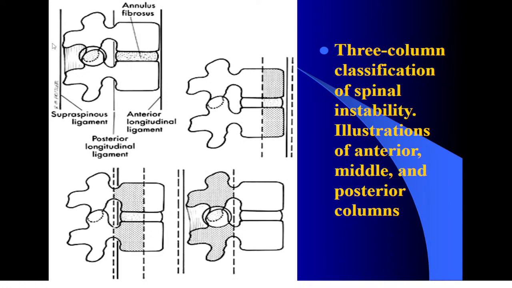And finally, the posterior supporting column: that is the facet joint in between the vertebrae, the ligamentum flavum, which is located in between the arches of the vertebrae, then the spinous processes together with the interspinous ligament, and the transverse processes together with the ligamentum intertransversum. So all supporting elements, facet joints and ligaments, are located posterior to the posterior longitudinal ligament.